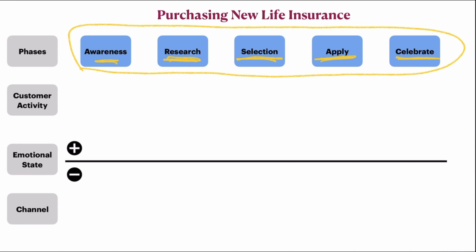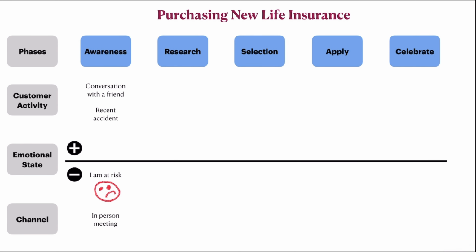And so the next thing, once you put these major phases up, and they're typically standard when it comes to onboarding or purchase stages in the financial services industry, then you can start thinking about, well, what is actually the customer doing in each one of these phases?